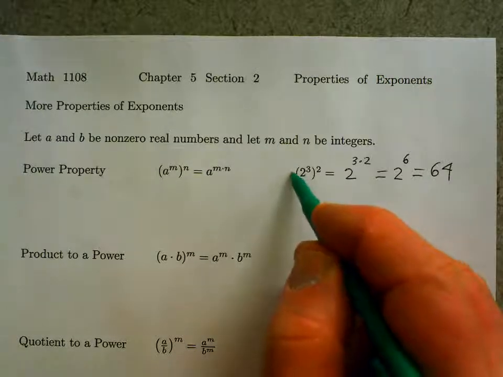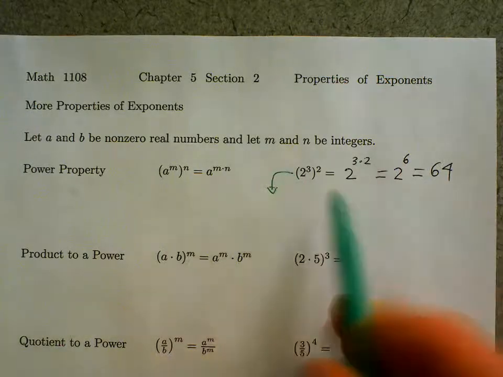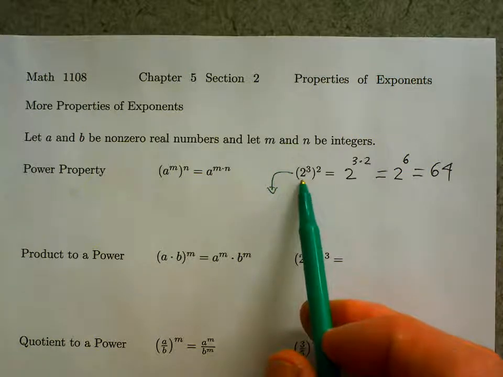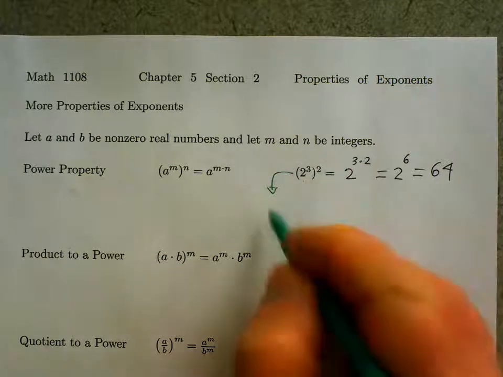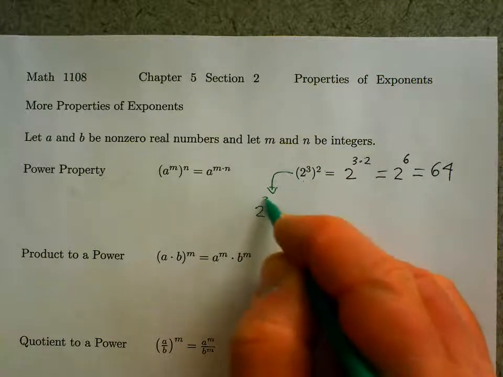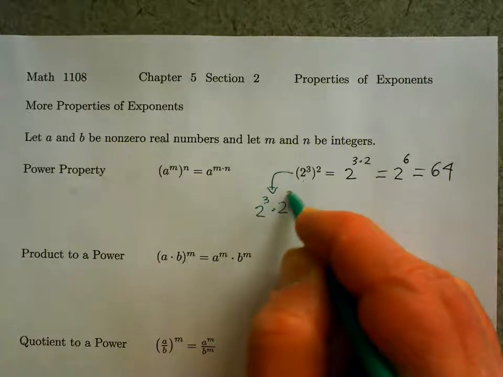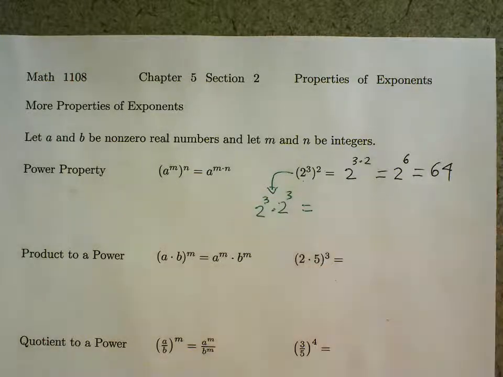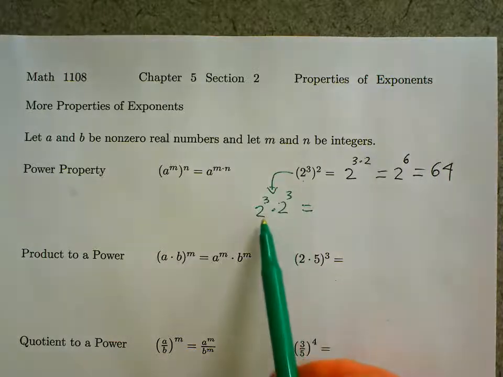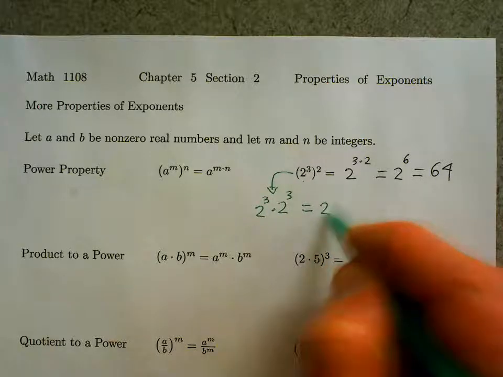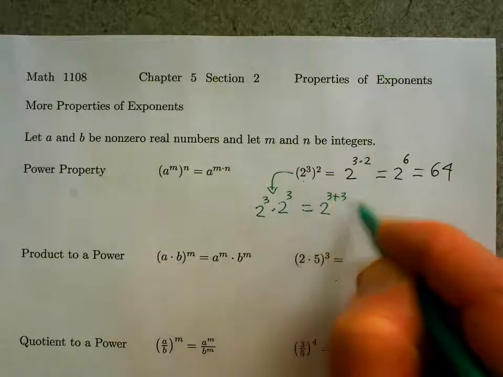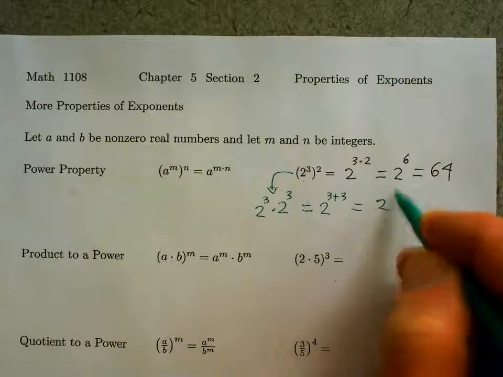Okay, to verify this rule in this example, another way to interpret 2 to the third to the second, since the outer exponent is 2, this is 2 to the third times 2 to the third. And then a property that we saw on the previous page, 2 to the third times 2 to the third is 2 to the 3 plus 3, or 2 to the 6th.